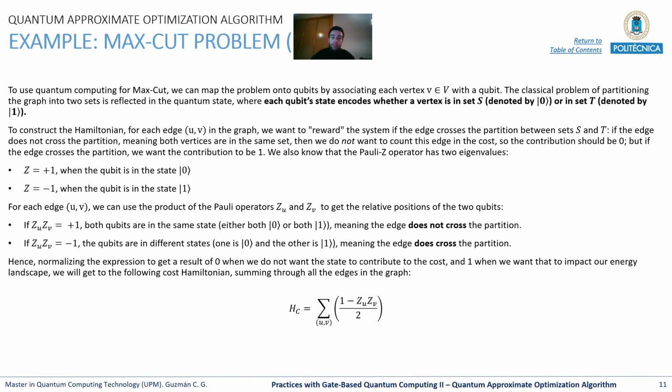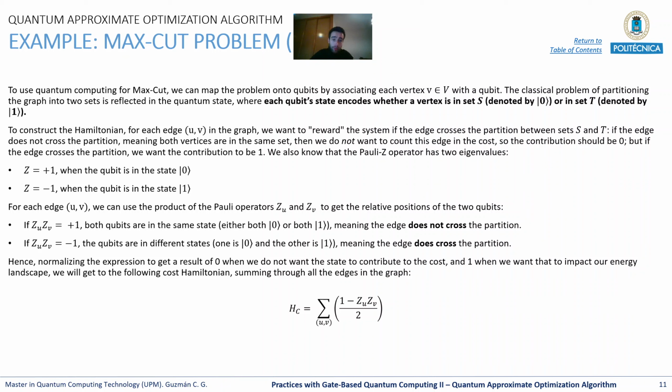So it's summing through UV, so on pairs that can only take values as we said before, 0 or 1, and we are making this transformation.